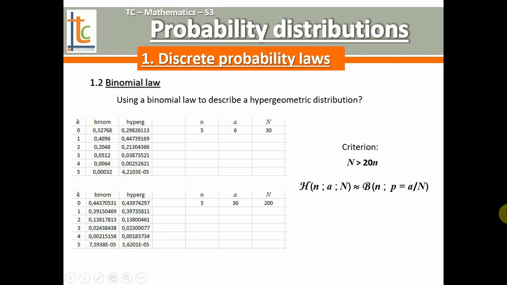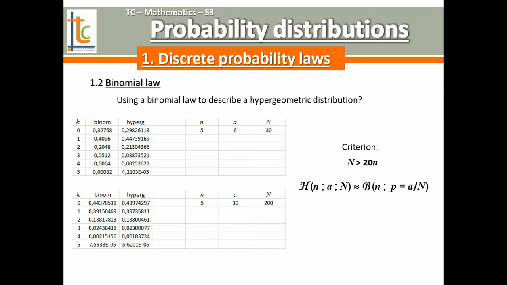Okay, let's stop here for the presentation of some elements and criteria, characteristic of the binomial law, and the comparison between both. Next time we will talk about the Poisson distribution. Let's pronounce it in French because he was a Frenchman. Poisson distribution.